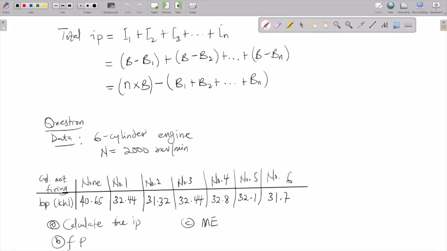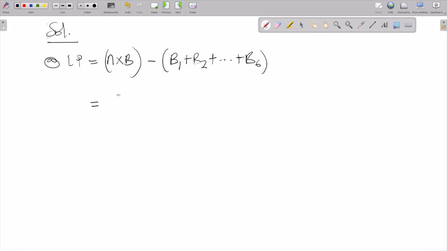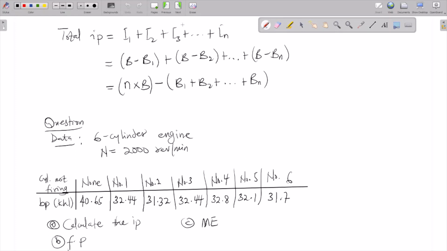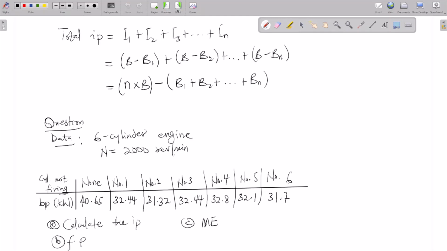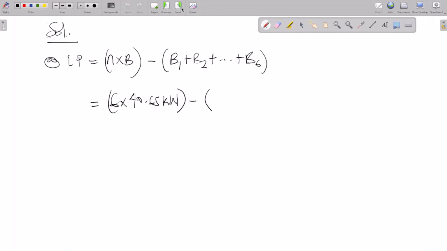So we have 6 cylinders, so 6 multiplying the total brake power, which was 40.65 kilowatts, minus the sum of the brake powers when the cylinders have been cut off.